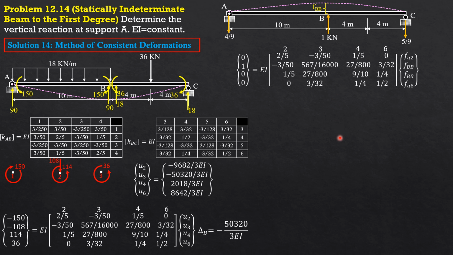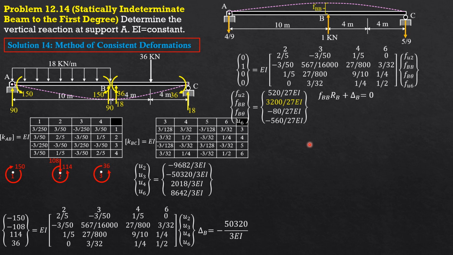Therefore, by the compatibility equation, FBB times RB plus delta B equals 0. Substitute: 3,200 over 27 EI times RB plus negative 50,320 over 3 EI equals 0. So RB can now be computed.